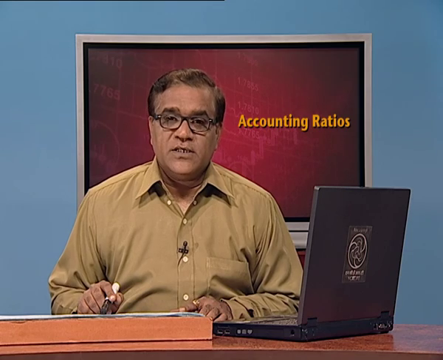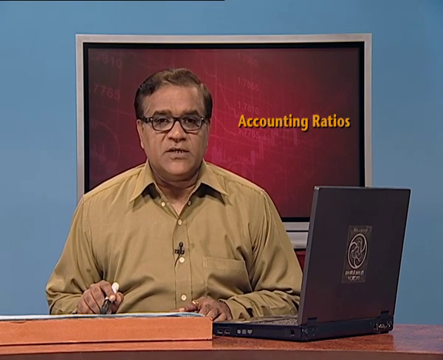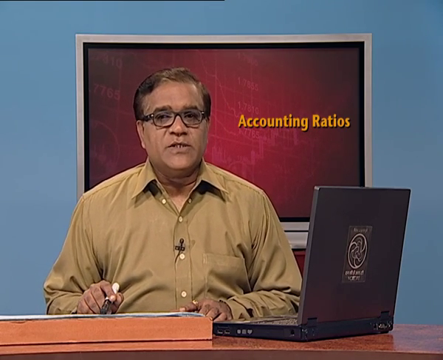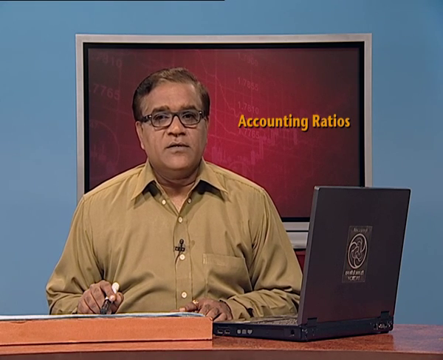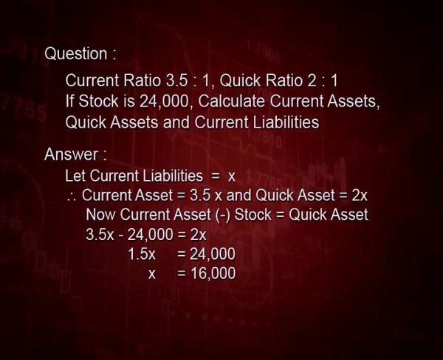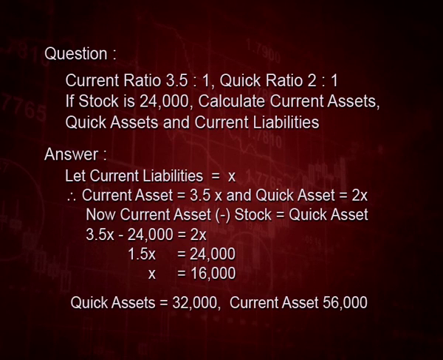Now, what was x? It was current liabilities, 16,000. So, now multiply this by 3.5 to get current assets, that is 56,000, and multiply by 2 to get quick asset, that is 32,000.